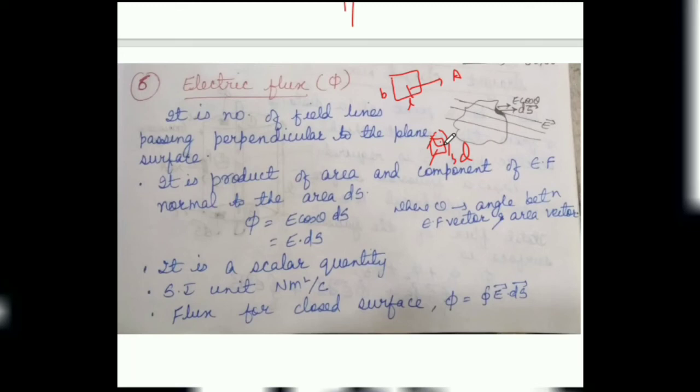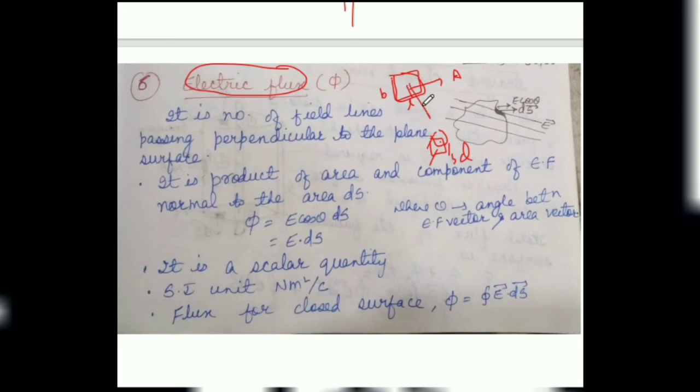Now, suppose some lines are passing through this plane. So how many lines are passing through this plane? This is nothing but electric flux. Electric flux is the number of field lines passing perpendicular to the plane. This is the plane, and perpendicular to it is either inward or outward.